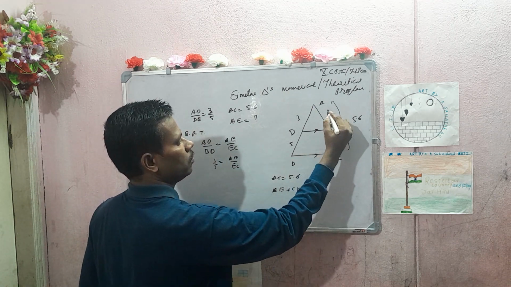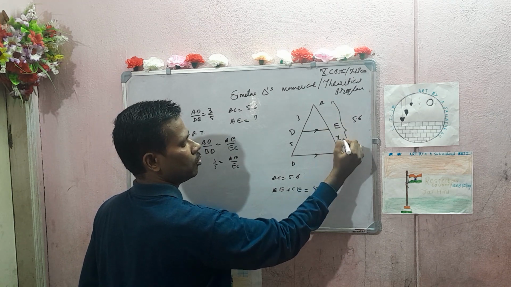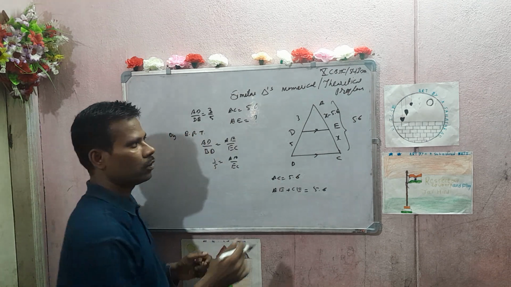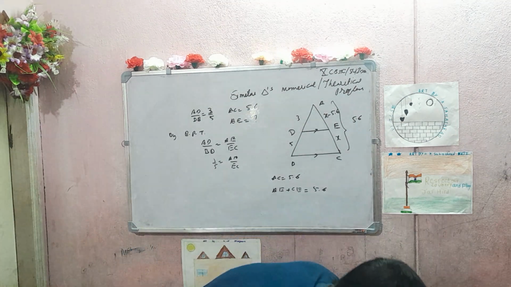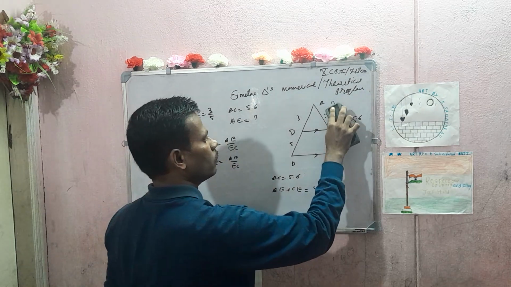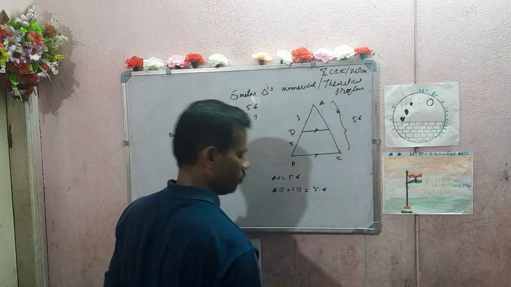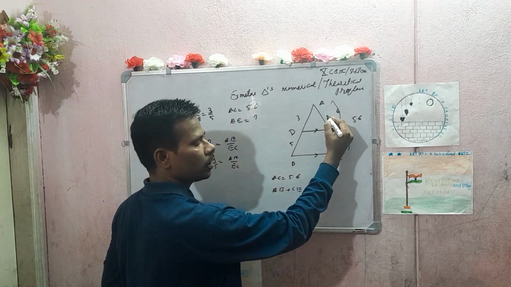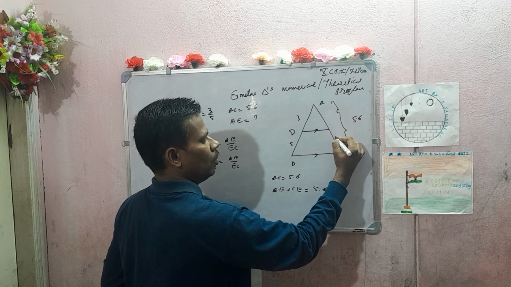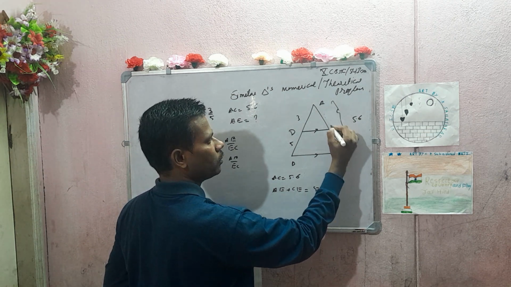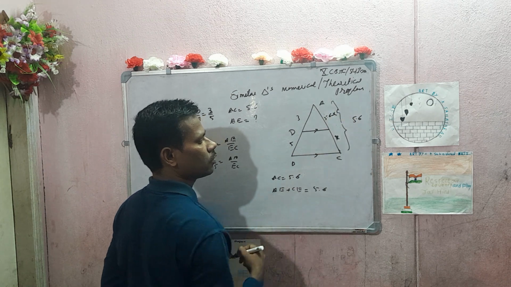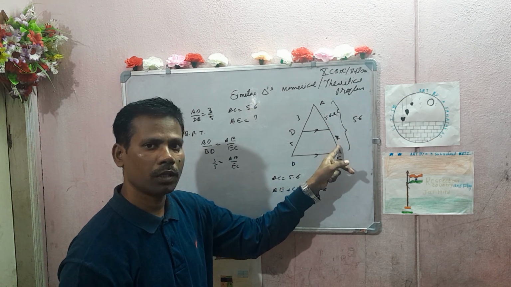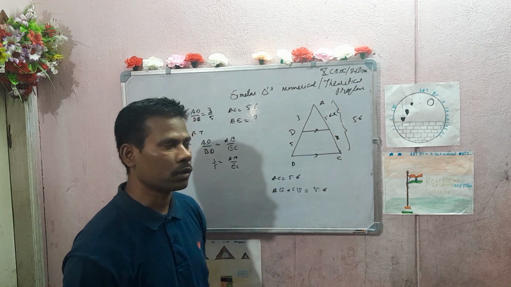Mark this as x, and this as 5.6 minus x. That will be better, because when you add these two, 5.6 minus x plus x, the x will get cancelled. This is the 5.6 total length.